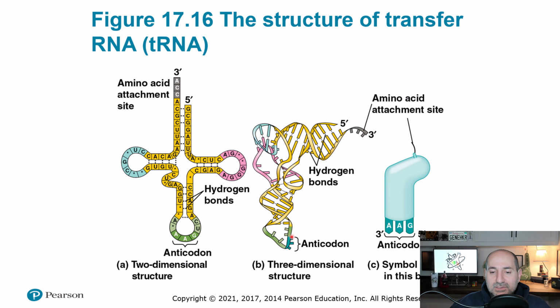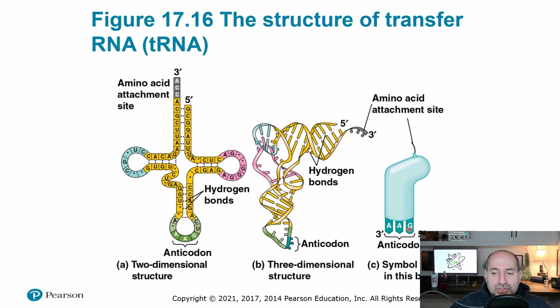These 3 nucleotides are called the anticodon. For example, the anticodon on this tRNA is AAG. That's the anticodon.